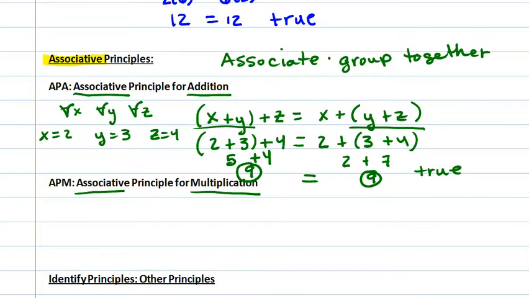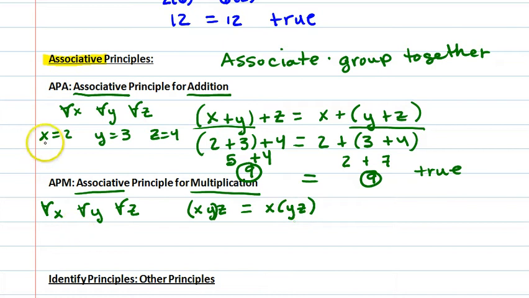Now let's look at the associative principle for multiplication. Again, I'm going to use real numbers for x, y, and z. If I take x, y, z and multiply them, I'm going to multiply x and y first and then z. What should also be true is if I take x and multiply it by the solution or the product of y and z. So again, let's try x equals 2, y equals 3, and z equals 4.